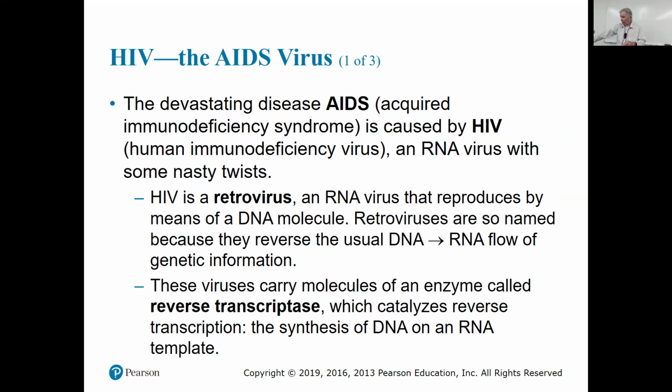They have to carry that along, because remember, we don't make DNA from RNA. We make RNA from DNA. We make DNA from DNA. So first they make a viral DNA from their RNA, and then they can hijack our material to make their viral particles using our RNA polymerase.